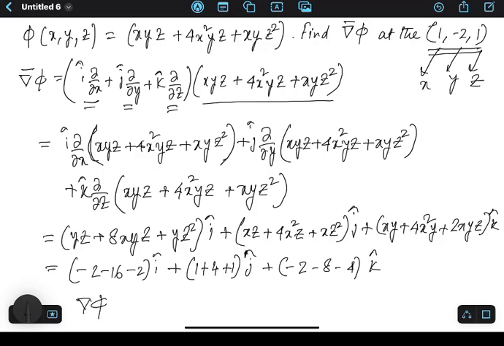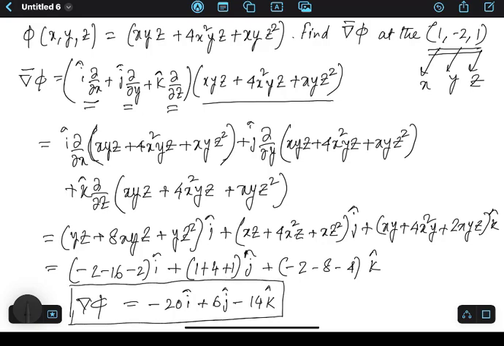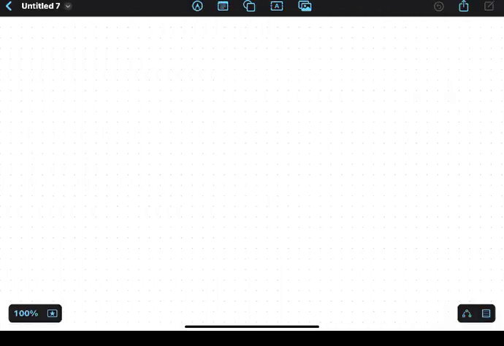So the grad phi value at the point (1, -2, 1) gives me minus 20 i cap plus 6 j cap minus 14 k cap. So that's the answer. I will consider another problem from the topic gradient.